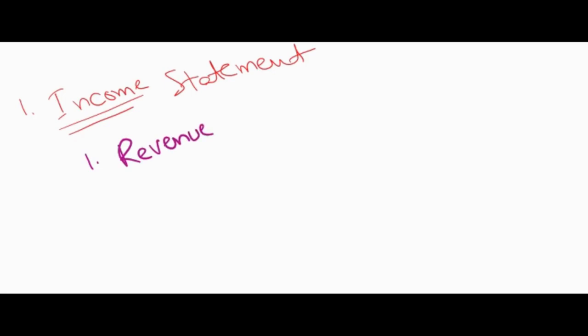Revenue is generated either through sale of products or sale of services. Let's say you have generated a revenue of 100 million through sales. In order to manufacture the units that you have sold, you must have incurred some expenses.